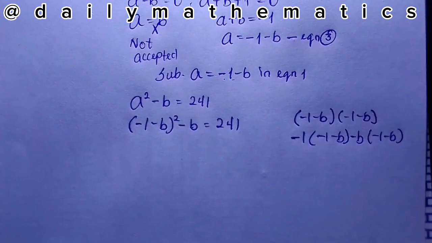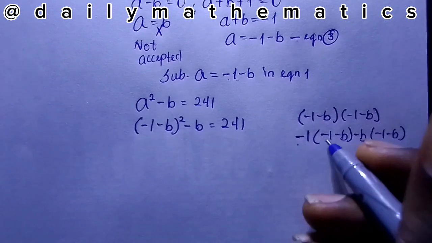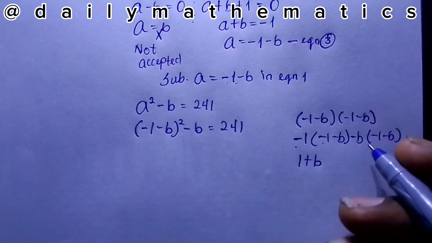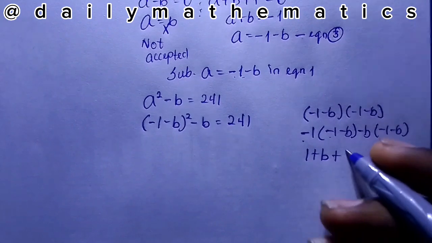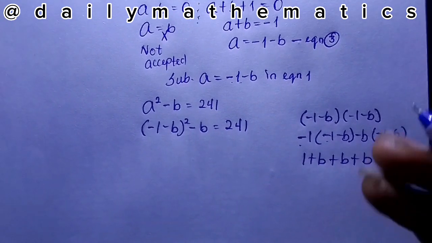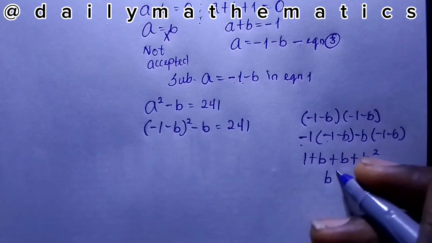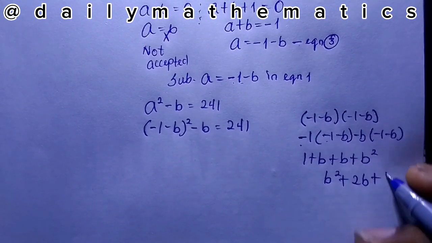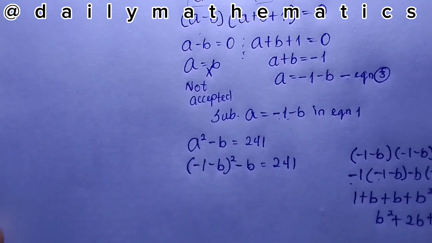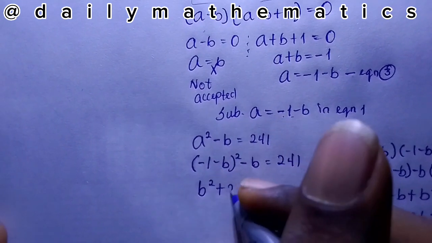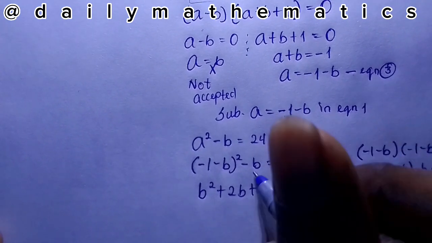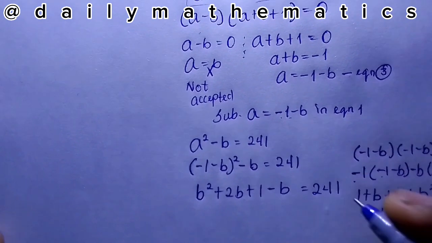So from here we can see minus 1 times minus 1, that's 1, minus 1 times minus B, that's plus B, minus B times minus 1, that's plus B, minus B times minus B, that's plus B squared, right? So that will give us B squared plus 2B plus 1, right? Good. So we'll bring it here, B squared plus 2B plus 1 minus B, remember this minus B, equals 241.